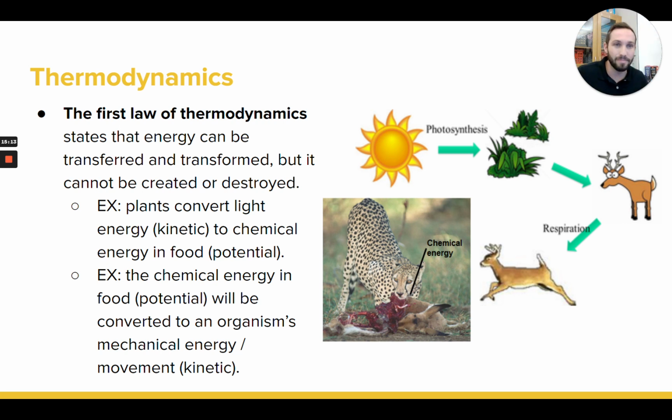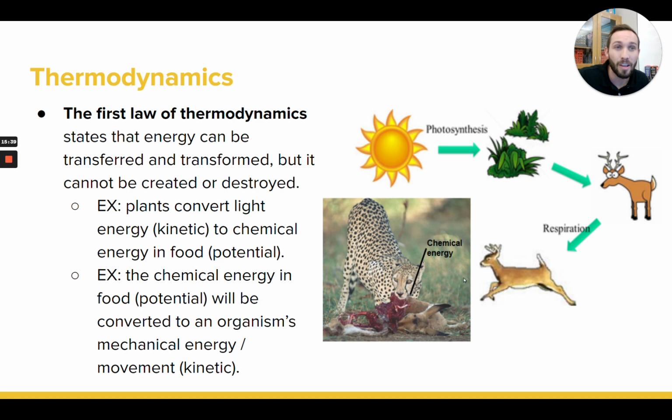And then eventually a cheetah pops out of nowhere and eats the gazelle here, deer, whatever I called it, gazelle, I guess. And now whatever chemical energy that deer still had is being transferred to the cheetah. So those are some examples of energy always coming from somewhere and going somewhere else.